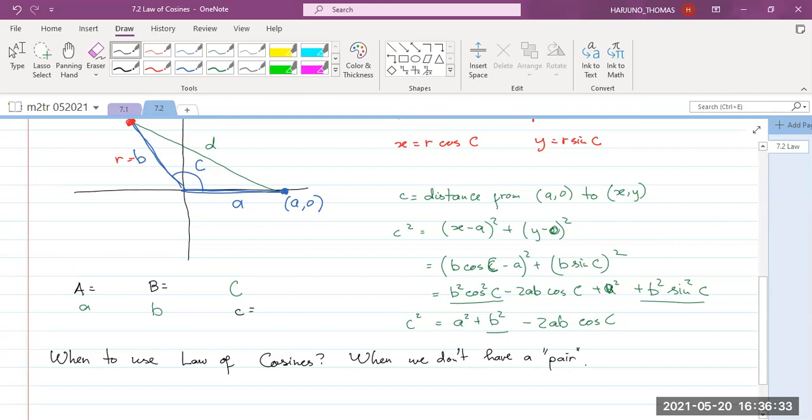Now, when I say we don't have a pair, it implies the following. One of the structures is you have two sides and the other angle. It is also possible you actually know three sides.